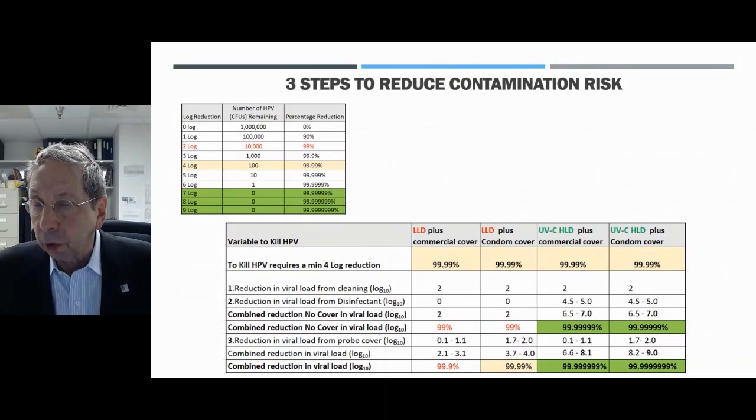And what this clearly shows is that thorough cleaning followed by UVC irradiation for high-level disinfection with use of a condom cover gives you by far the greatest log kill and therefore the greatest margin of safety for patients to prevent patient-to-patient transmission of pathogenic microbes.